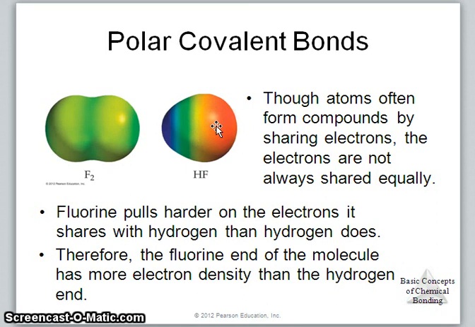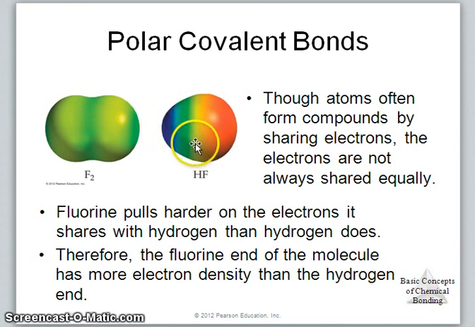As you might remember, fluorine has a really high effective nuclear charge, and so it has a great ability to attract electrons. So when hydrogen and fluorine bond, the fluorine is going to take more of the electron density from that bond than the hydrogen will. So in a sense, what we end up with is the fluorine area being slightly more negative and the hydrogen being slightly positive.